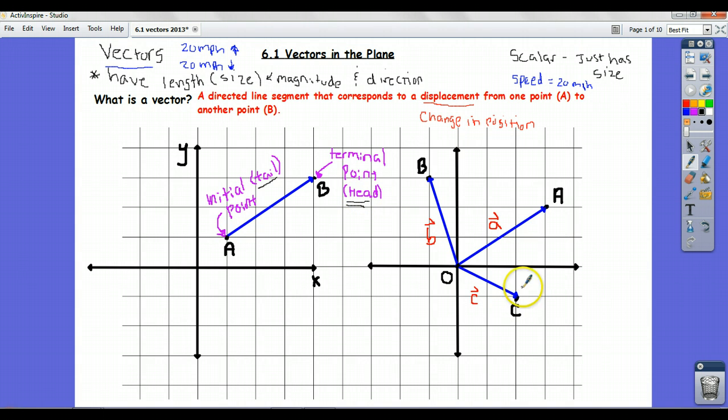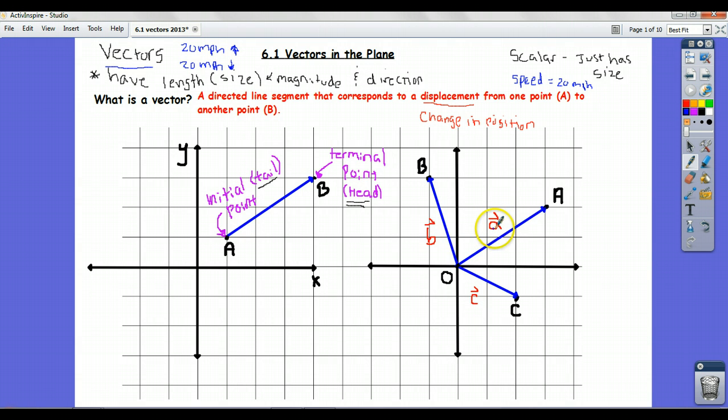Over here to the right, O, B, A, and C, those are points. Okay, those are just points in the XY plane. The vector that takes you from O to A, we often will just call that vector a. I put a little lowercase a here, and I put this half of an arrow.